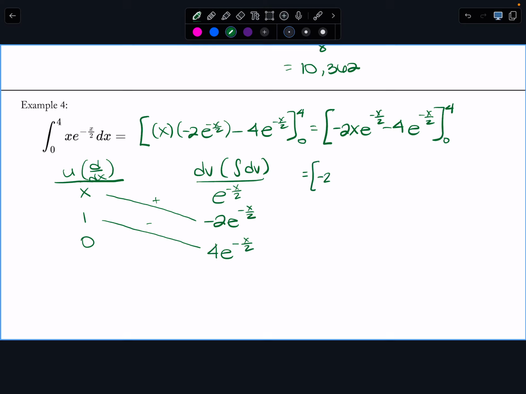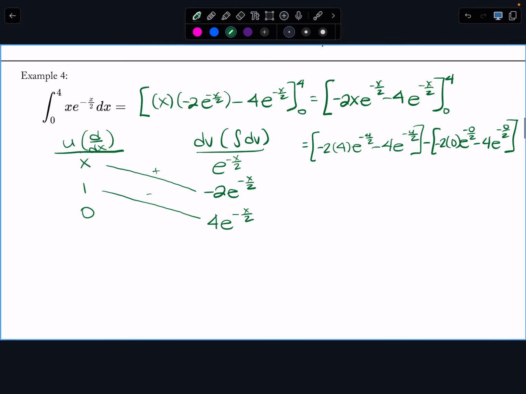So negative 2 times 4 e to the negative 4 over 2 minus 4 e to the negative 4 over 2. And then I'm subtracting off negative 2 times 0 e to the negative 0 over 2 minus 4 e to the negative 0 over 2. And I understand it's weird to write negative 0 because 0 is not positive or negative, but technically there was a negative sign there.